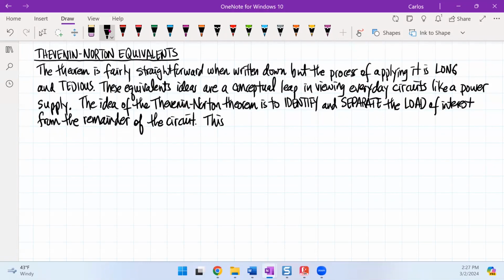This subcircuit is called the Thevenin or Norton equivalent.